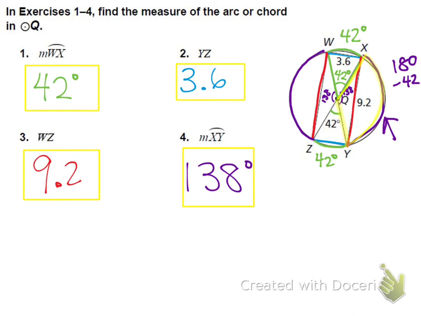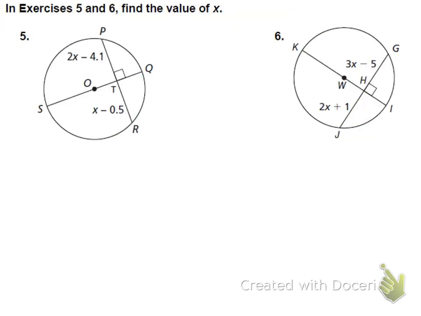All right, now we do two more together. Find the value of x. So we see that we have the diameter intersecting a chord and they form 90. So then what do I know has happened to the chord? It's been bisected. So we're going to set them equal.